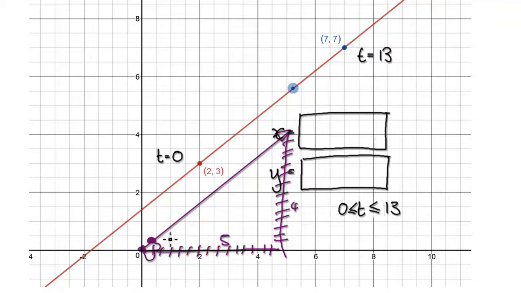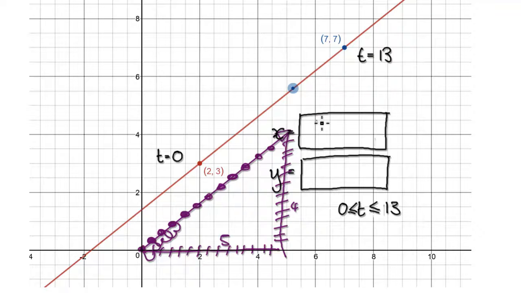That would take you to here. Another increment of time would be you moving 1 segment across and then 1 segment up, and then another increment would take you across another segment and up another segment. So you've got 13 equal segments in the diagonal direction, and 13 seconds will take you to here.